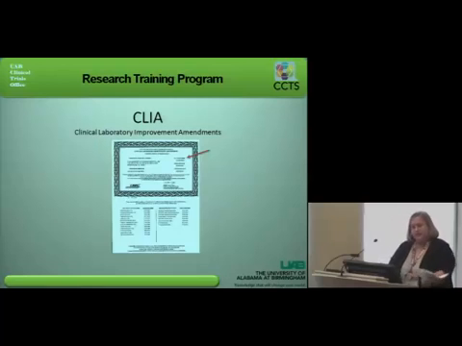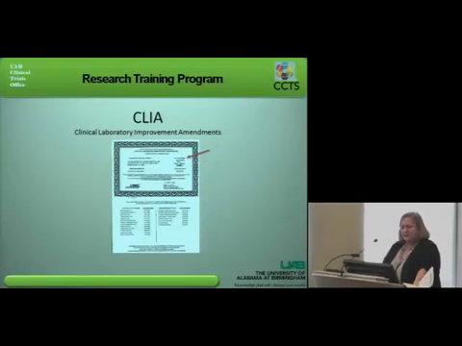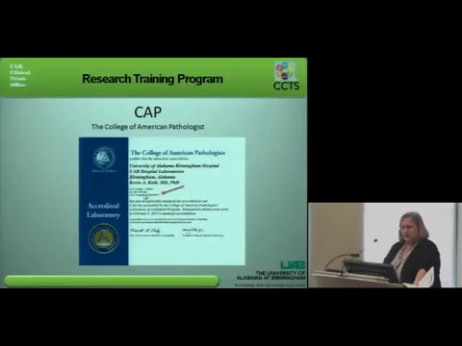There are a couple of things of interest that I wanted to point out to you here. On the CLIA, there's the number right here. This is the CLIA number that's assigned to it, and it has an expiration date on it. Your CLIA and the CAP relate to each other. On this CAP, this is called the College of American Pathologists.